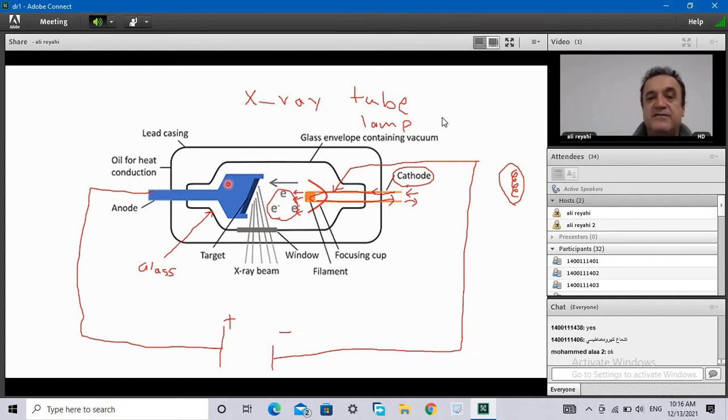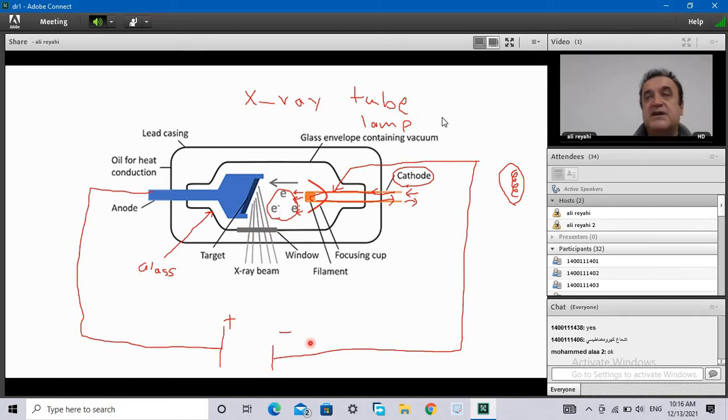Third, we have the anode. The anode again is a block of tungsten which is embedded in a block of copper or similar metals. And four, we need a battery, a voltage source.